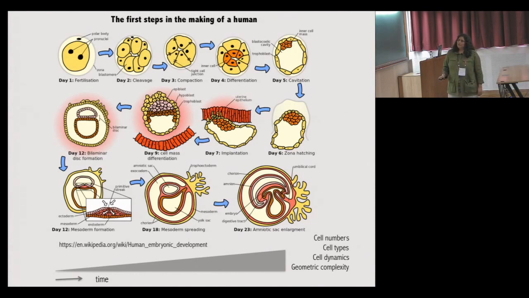So if you think of morphogenesis, it's associated with an increase in the number of cells starting from that single cell. It's associated with an increase in the number of types of cells. And in order for you to get these complex geometries, the cells also have to sort of move around from their initial positions to some later position. And what is visible is that it's geometrically more complex.